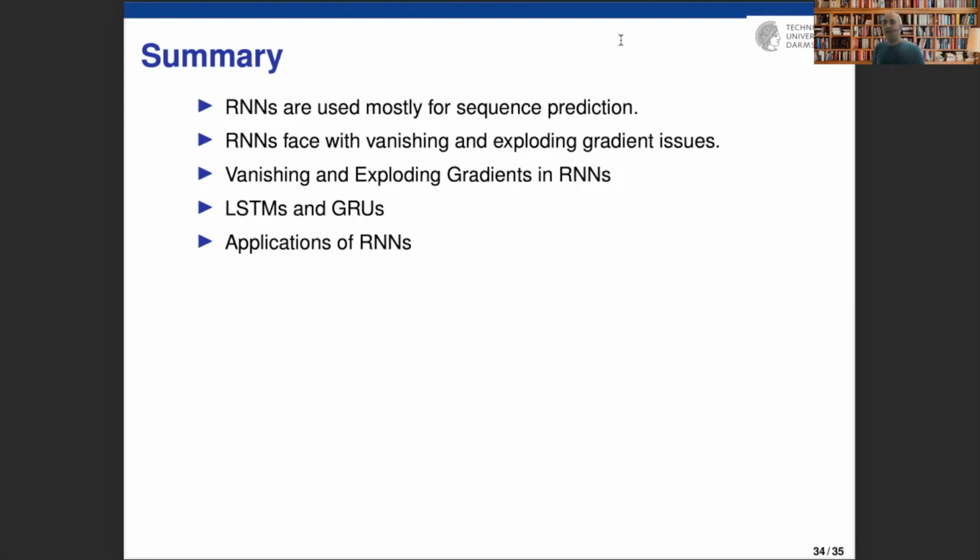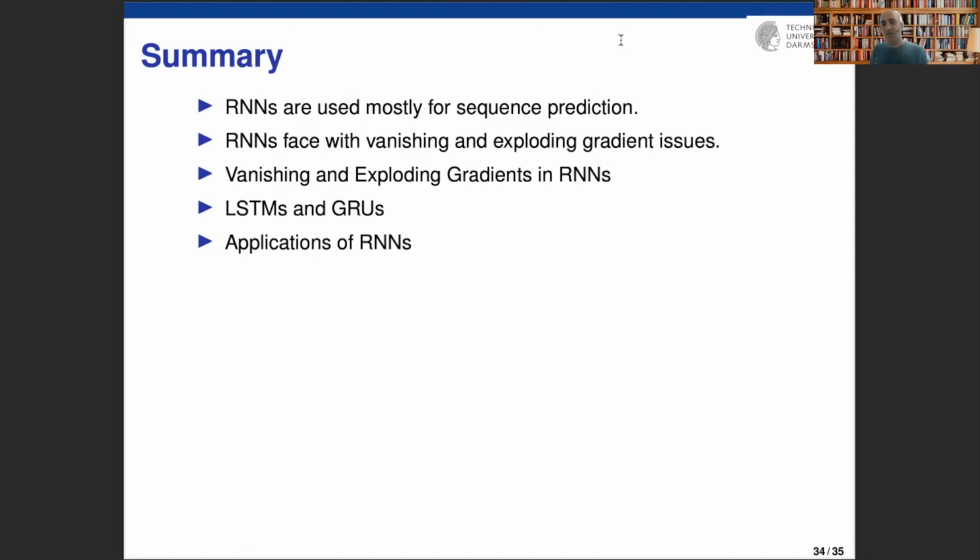And then we discussed several applications of RNNs, like sequence prediction, when for each item in the sequence you want to predict the tag.